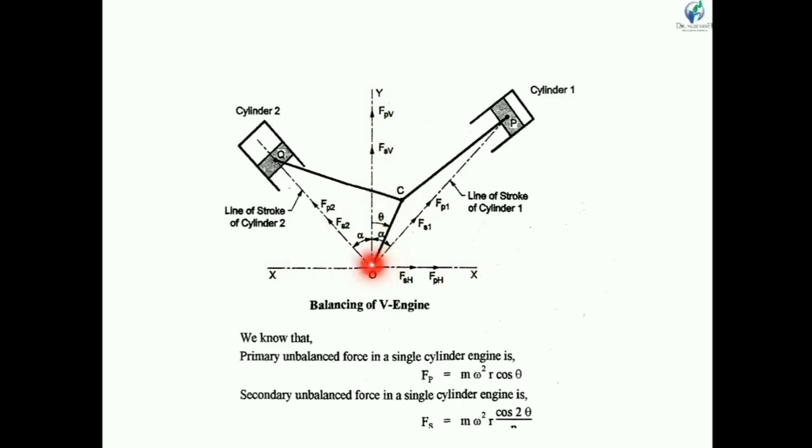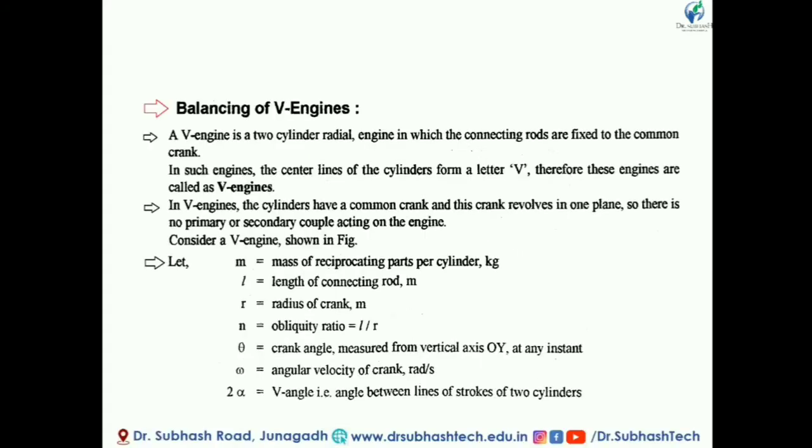O is the center of rotation of the crank and OC is the crank. CP is a connecting rod which connects the crank with the piston of cylinder 1, and CQ is another connecting rod which connects the crank and the piston of cylinder 2.